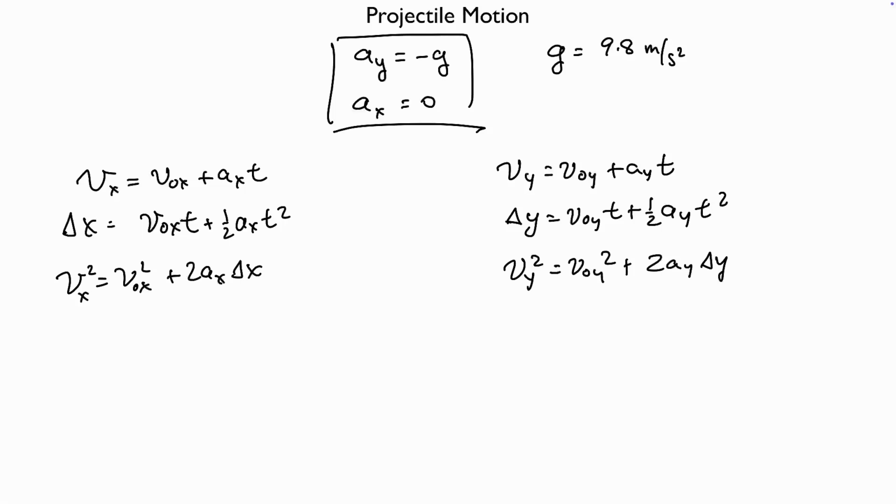But notice when we do projectile motion, a x is equal to what? 0 is a nice number, isn't it? Yeah. Because what happens when I put in a x equals 0? That one goes away, doesn't it?